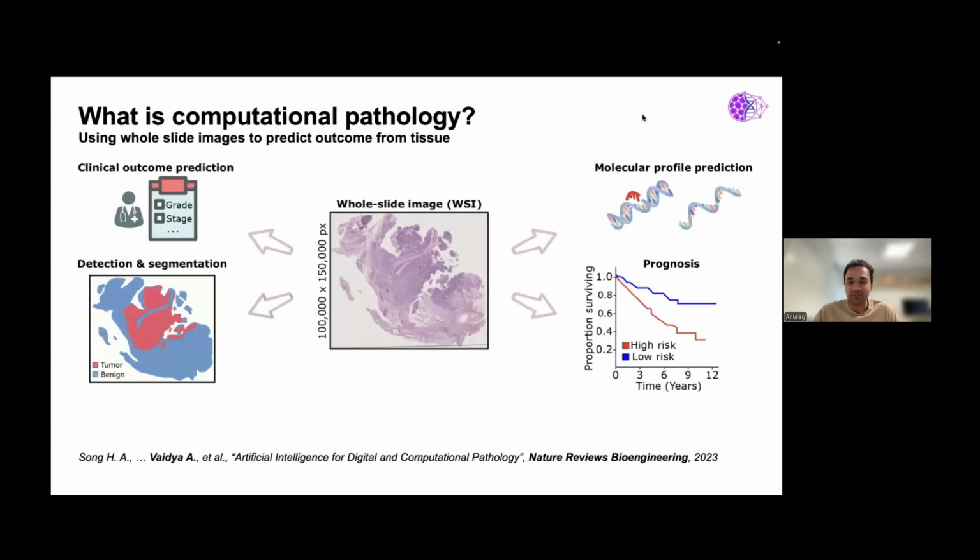So just to bring everyone on the same page, when we say computational pathology, what do we really mean by that? At the center of the field, we have these digitized whole slide images of tissues, mainly cancer, but also very quickly expanding into non-cancerous and infectious diseases.